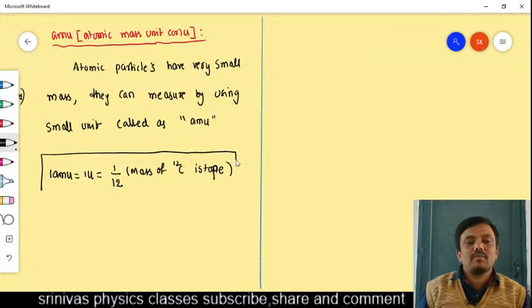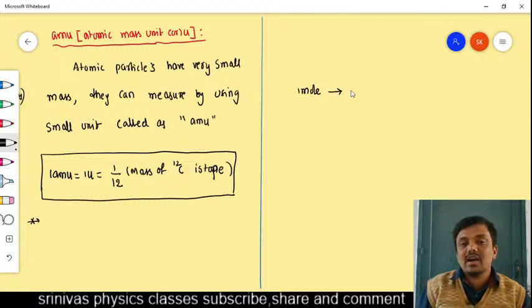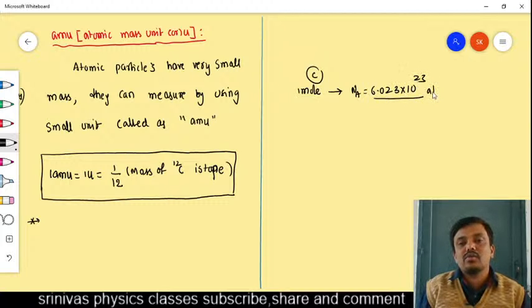What is the mass of the carbon isotope? That we have to find out. According to previous theory, we know that 1 mole of any substance has Avogadro number of molecules or atoms. 1 mole of carbon has Avogadro number of carbon atoms, that means 6.023 into 10 to the power of 23 carbon atoms. 1 mole mass is 12 gram, since the mass number is 12.